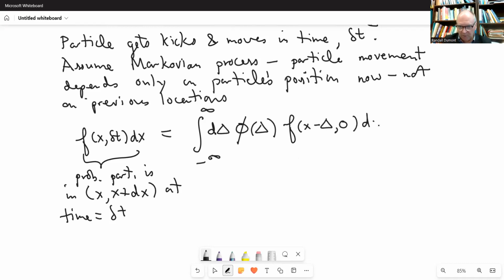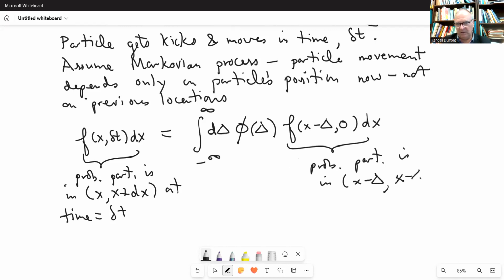And then I'm going to multiply that by dx, so that this is the probability the particle is in x minus delta to x minus delta plus dx at time 0.